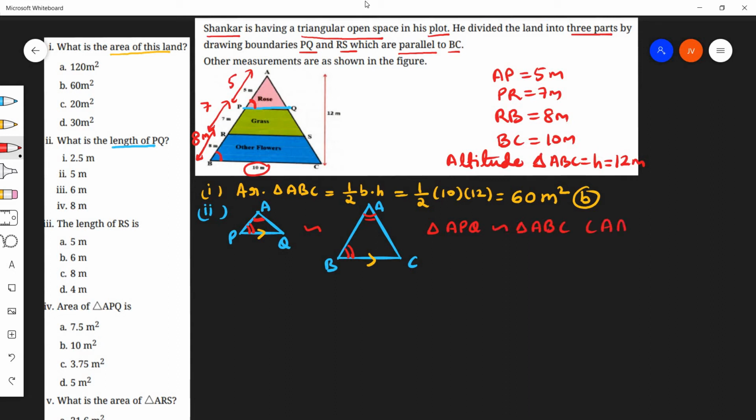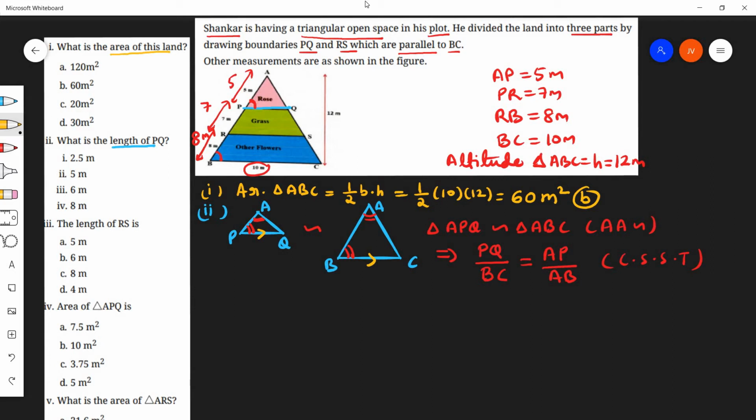They are similar by angle-angle similarity condition. And if triangles are similar, we can write the corresponding sides are proportional. So we can write base of APQ, that is PQ, by base of ABC, that is BC, is equal to one of the sides of APQ by the corresponding side of ABC, that is AB. So the corresponding sides of similar triangles are proportional.